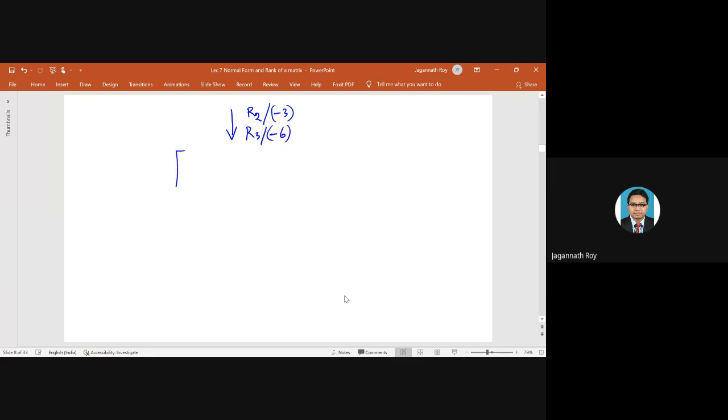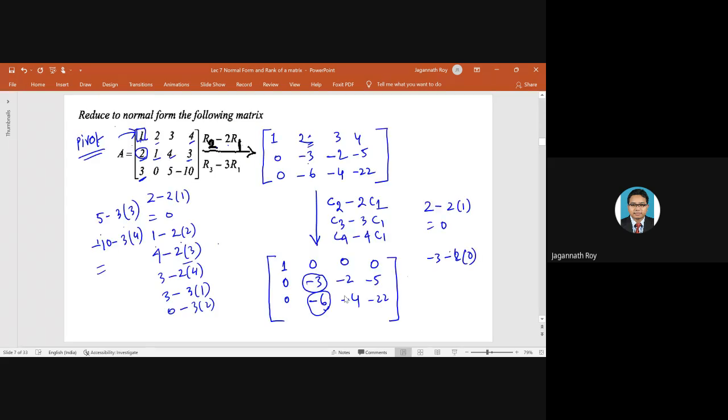So this will become 1, 0, 0. Let us write 0, 0, 0. Then 0, and if you divide by minus 3, minus 3 by minus 3 is 1, minus 2 by minus 3 is 2 by 3, and minus 5 divided by minus 3 is 5 by 3.